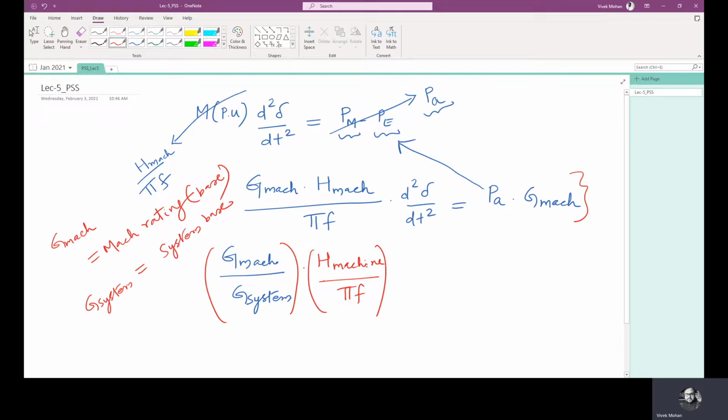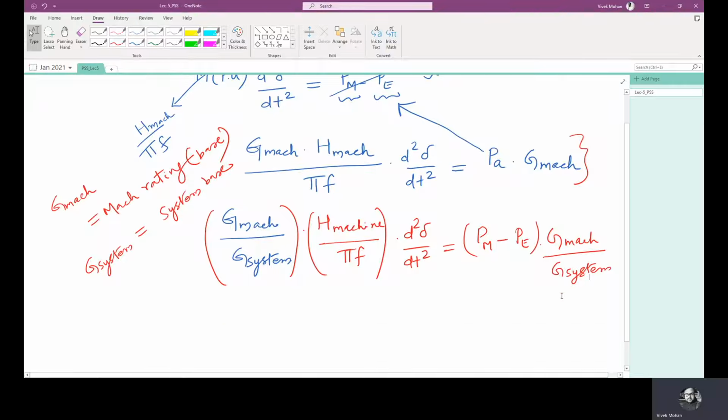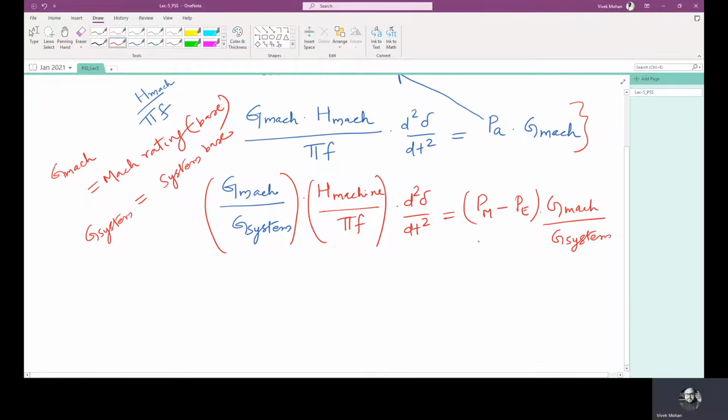So G machine by G system into H machine by pi F into d squared del by dt squared equals Pm minus Pe into G machine divided by G system. Now this can be equation 16.